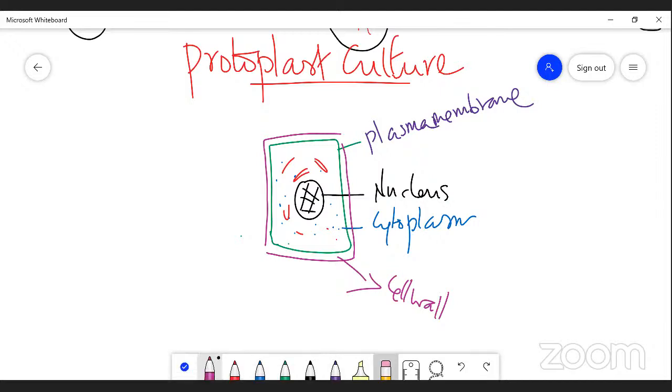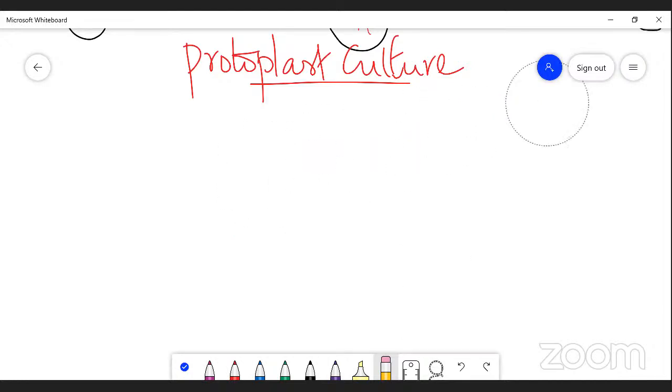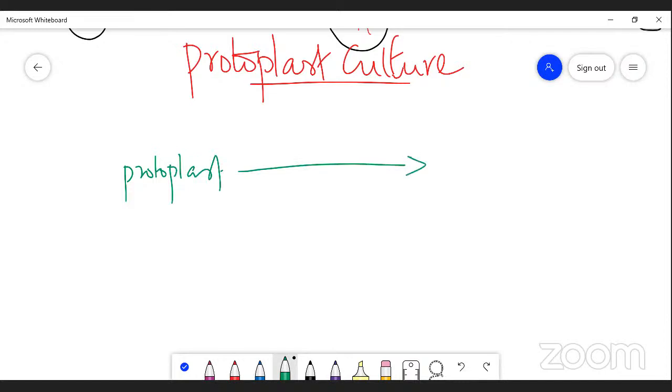Now what are we going to do in protoplast culture? By using a protoplast, we are going to make a new plant. An entire plant is developed from the protoplast. So that is called protoplast culture. The answer is hidden in the title. Simply, the protoplasts are developed, fused and cultured to make a new plant.